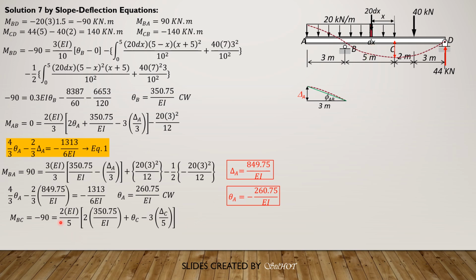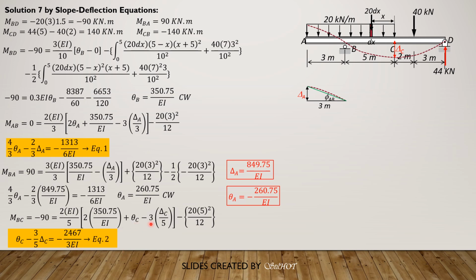Then, we use 2EI over L because there is a moment at C, and so the fixed end moment at B, due to this uniformly distributed load, is negative 20 times 5 square over 12. So simplifying, we have theta C minus 3/5 of delta C equals negative 2467 over 3 EI.